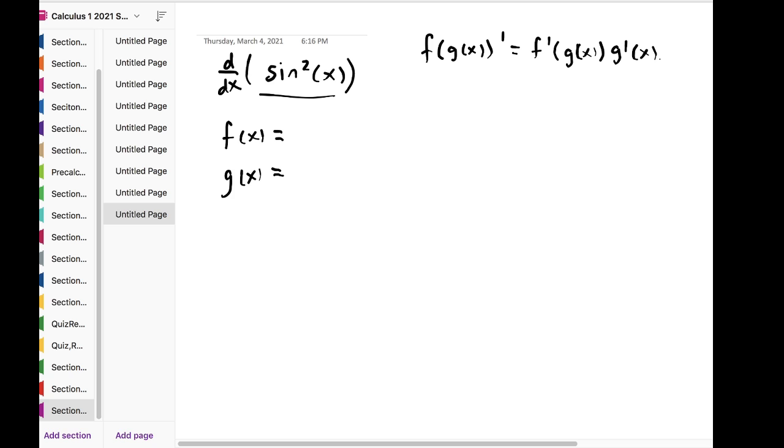How about if I wrote it like this? What do you think the two functions would be now? Or at least one of them. Which is sine? Is it f or g?